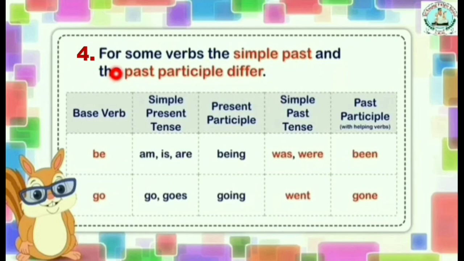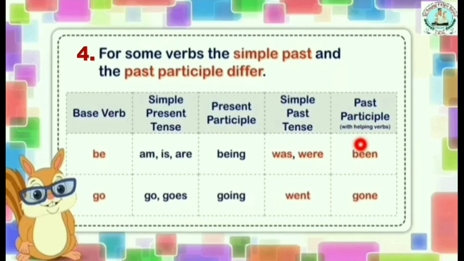Fourth one, for some verbs, the simple past and the past participle differ. Means they are different, various. All the columns are different forms. Observe the verb, base verb be, and see here simple present tense am, is, are, and present participle being, simple past tense was, were, past participle been.